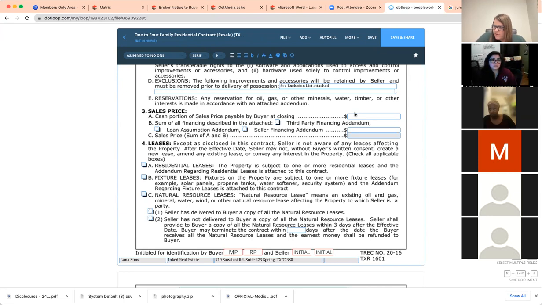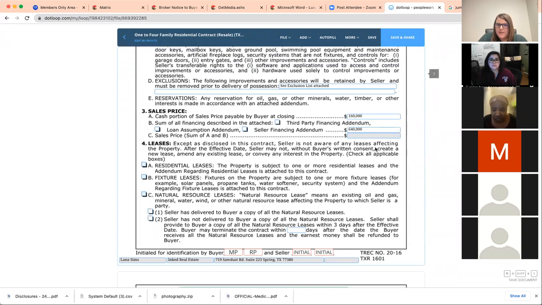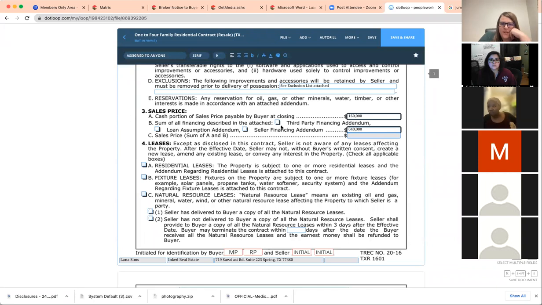Wow, my brain. So 1600. This is how much is being financed. And I don't know why it's not doing it.